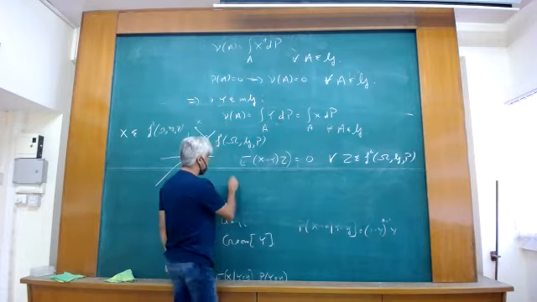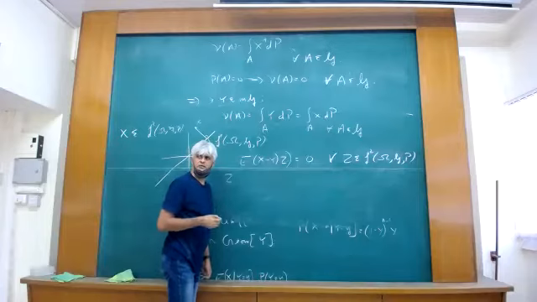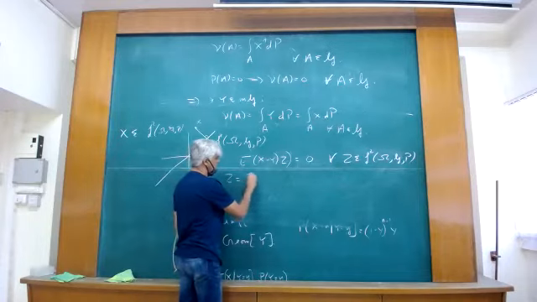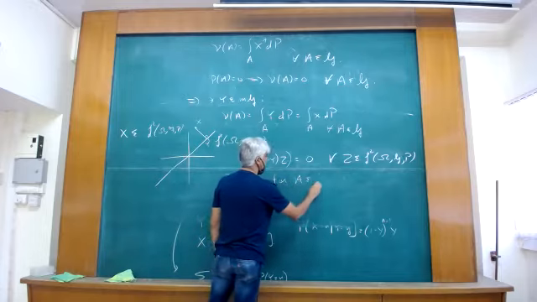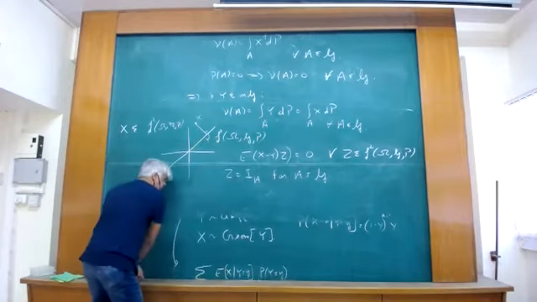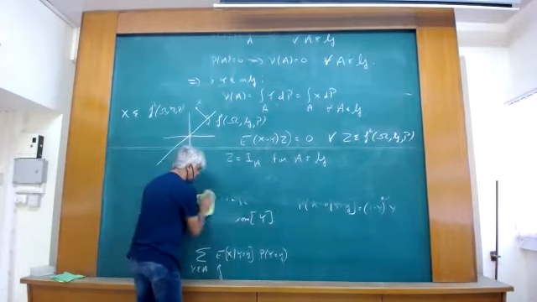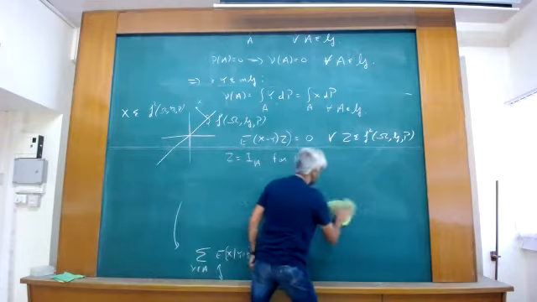So in particular, I can take Z to be the indicator of A, for A in G, and then I'm done. This condition, it's instructive to know.